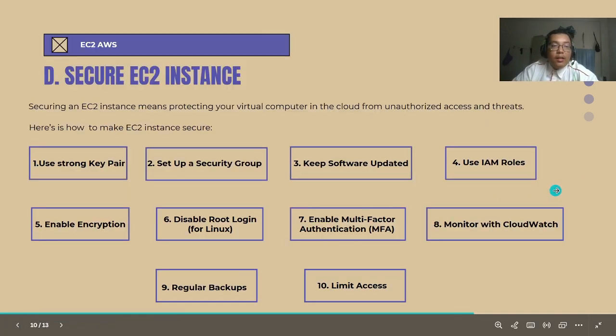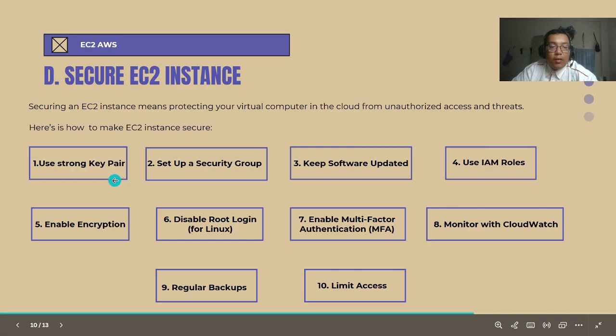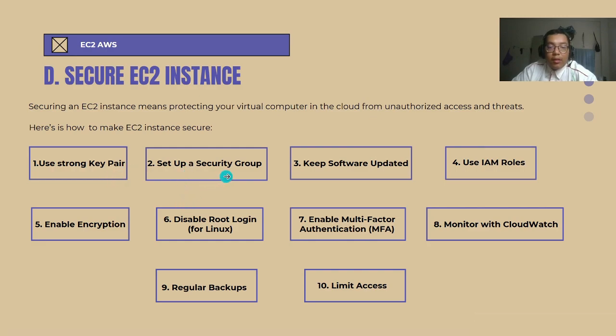Okay, D, secure EC2 instance. Securing an EC2 instance means to protect your virtual computer in the cloud from unauthorized access and threats. This is how to make an EC2 instance secure. First, use a strong key pair. Second, set up a security group. Third, keep the software updated. Fourth, use IAM roles on AWS. Fifth, enable encryption.